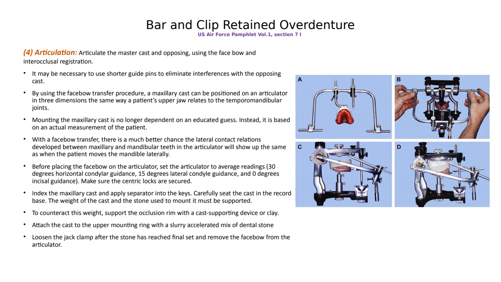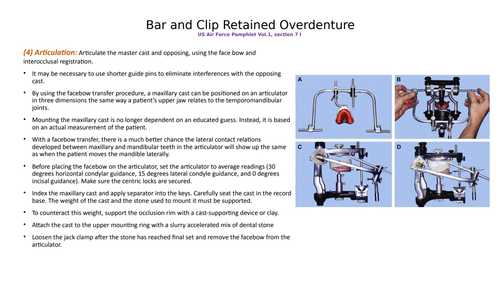So it's very important that the doctor takes an accurate Facebow record, and also very important is to coordinate with the dentist and use the same type of articulator as they use for the Facebow. Each type of articulator has its own Facebow.